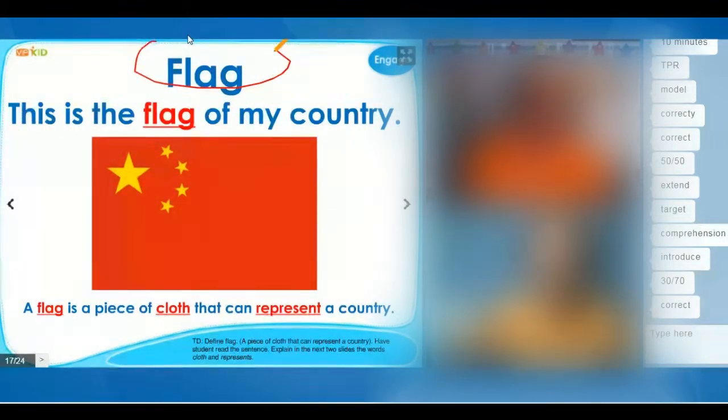Flag. Flag. Good. Cloth. Cloth. Yes, good.